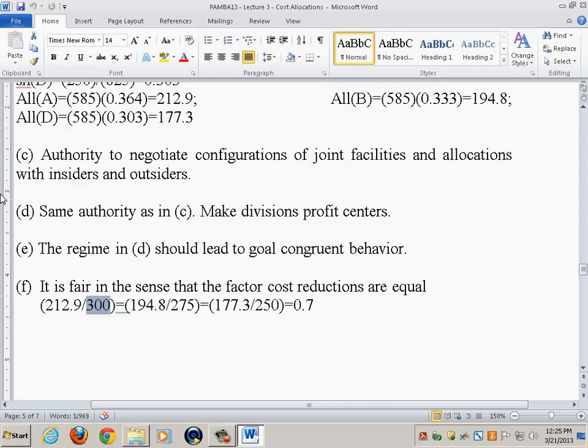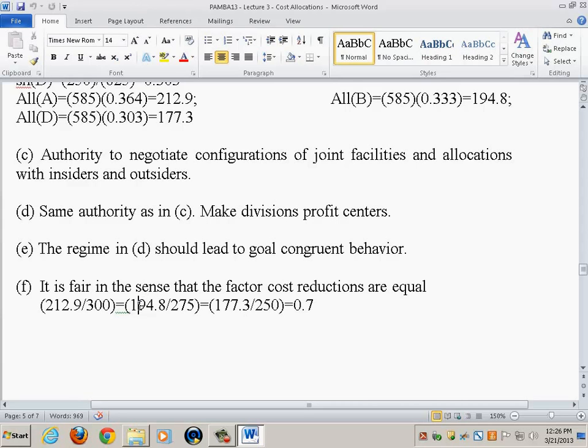So by A agreeing not to go it alone with everybody else going it alone, it reduced the cost allocated to it from 300 to 212.9, or it reduced its cost to 0.7 of what the cost would have been of going it alone with all the others going it alone.